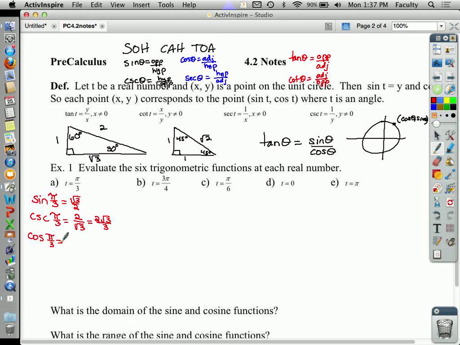All right, cosine, pi over 3. Cosine of 60 is 1/2. So its reciprocal would just be 2. Now in this case, I think the triangle would be easier than doing my unit circle, because on the unit circle, you only see sine and cosine.